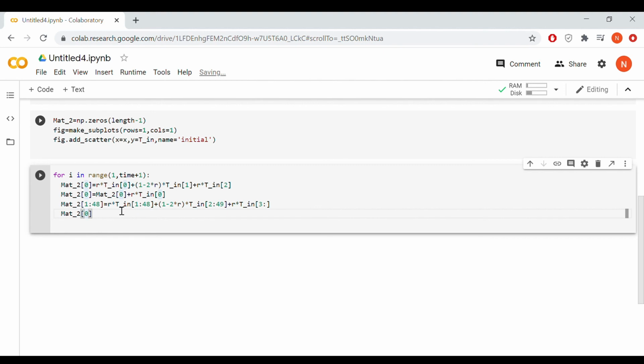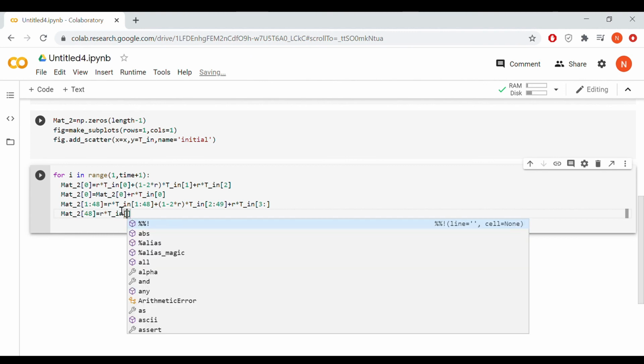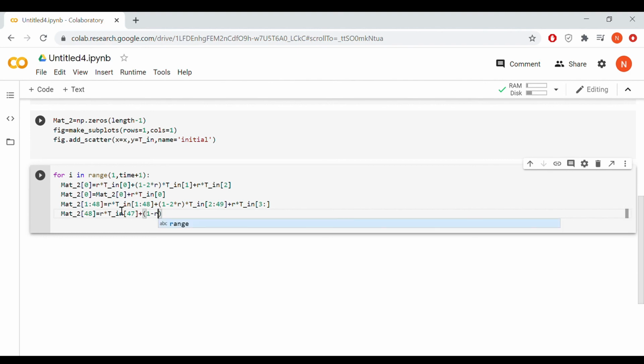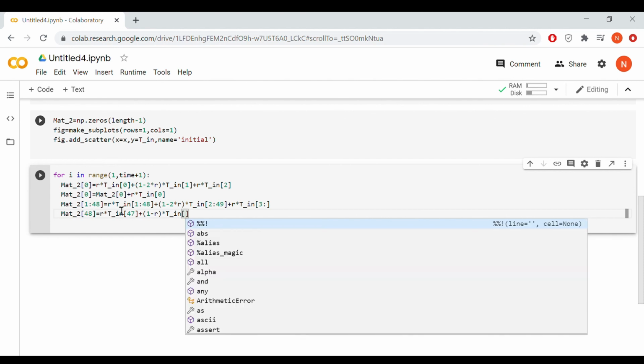Okay, so now we want to do at 48. So 48 will equal r times t_n at 47 plus 1 minus r times t_n at 48.